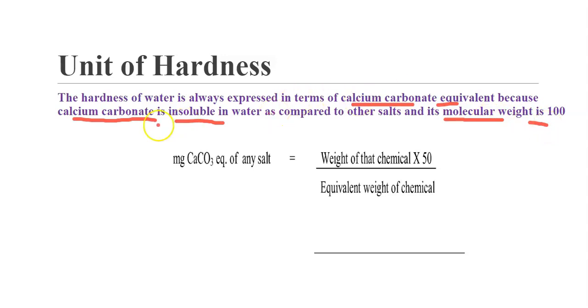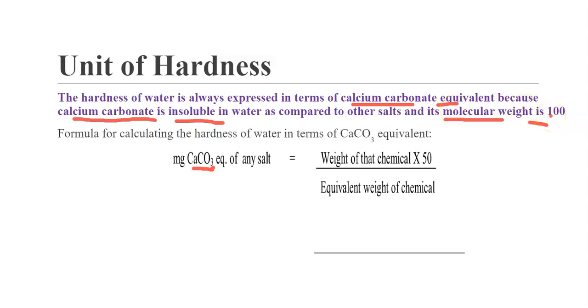How do we calculate the molecular weight of calcium carbonate? It is the sum of its atomic weights. This is calcium carbonate, so its molecular weight would be the weight of calcium plus the weight of carbon plus 3 times the weight of oxygen. If you do that calculation, you will get its molecular weight as 100.